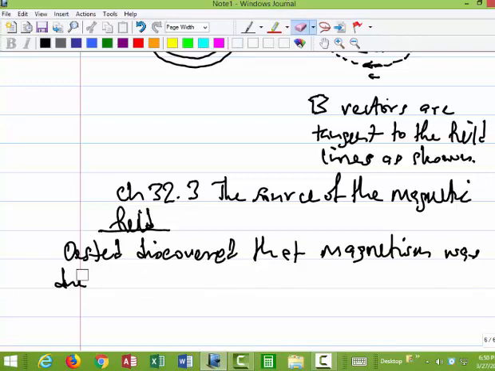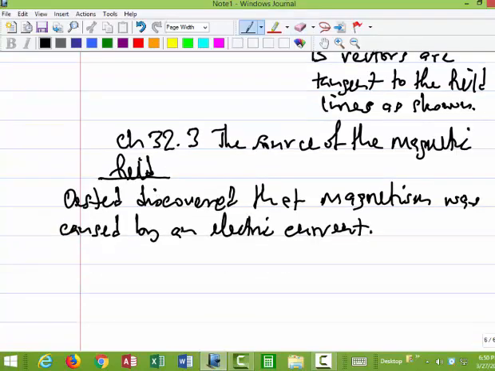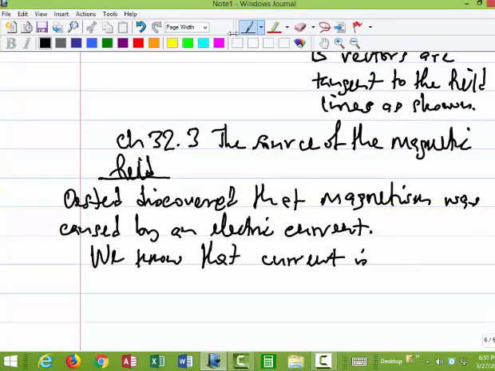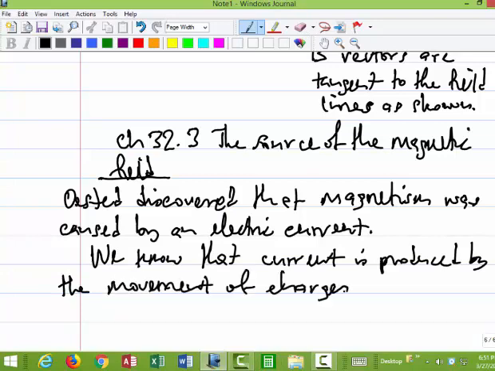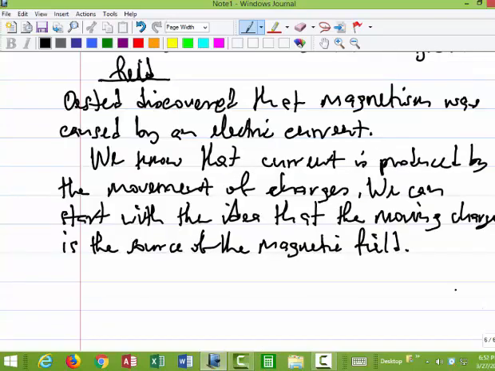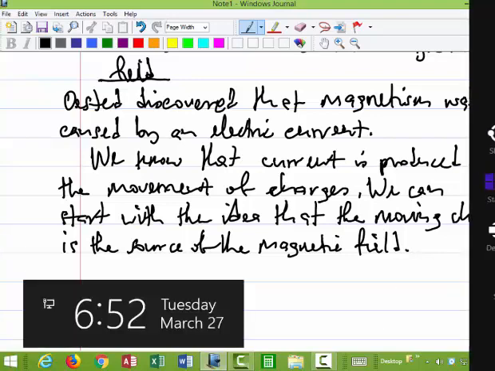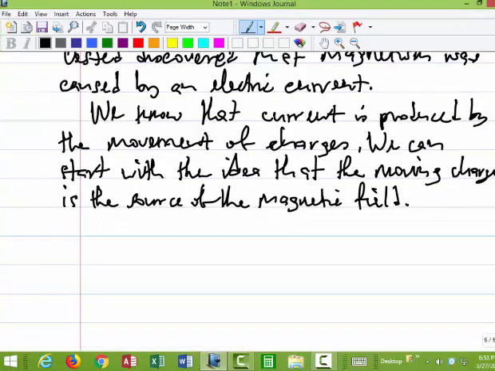We know that current is produced by the movement of charges. So based upon that, moving charges are the source of the magnetic field, and we will write a formula for that.